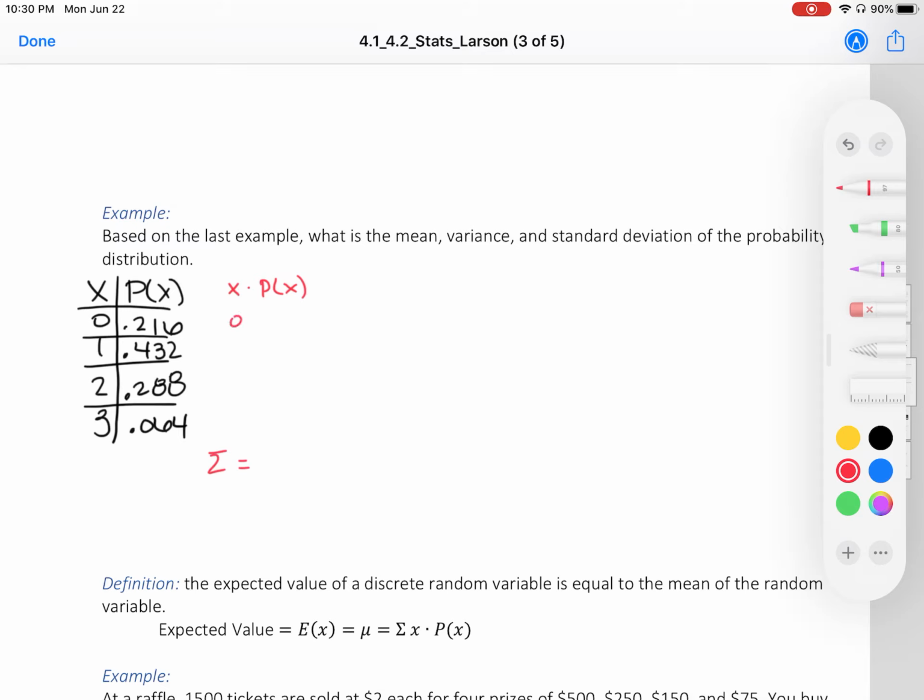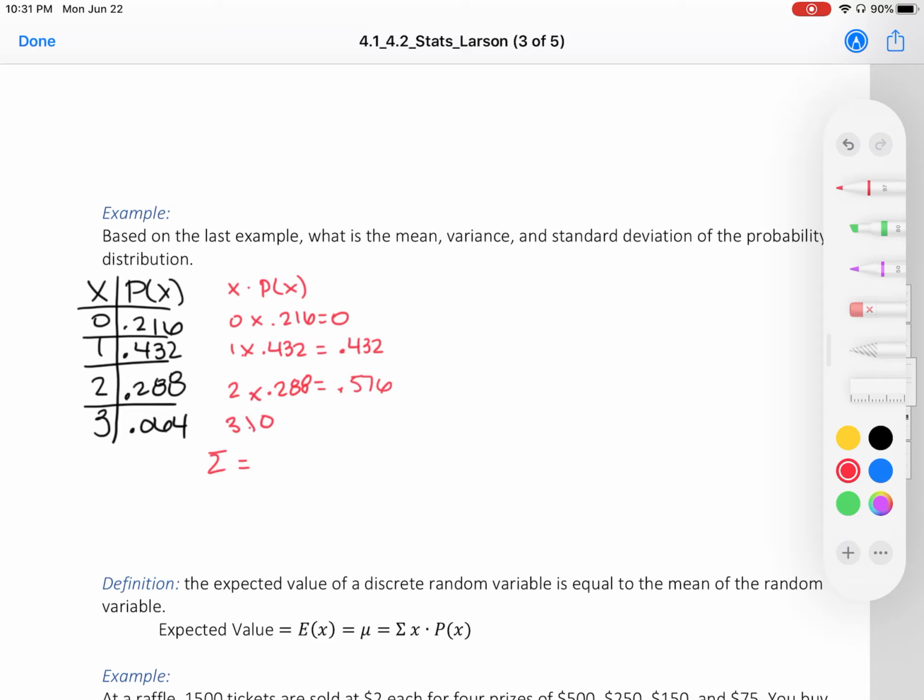All right, so I have 0 times 0.216. Anything times 0 is 0. 1 times 0.432. That's just itself. And 2 times 0.288. And we use a calculator, and they'll give us 0.576.